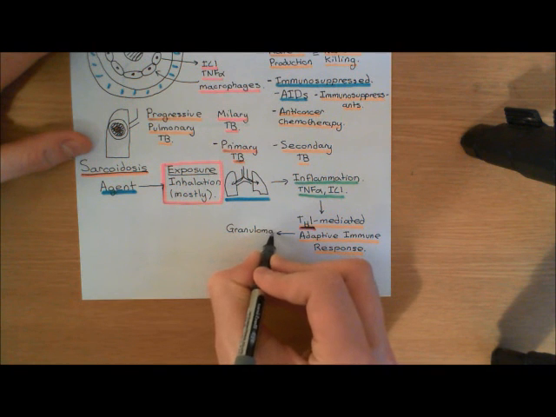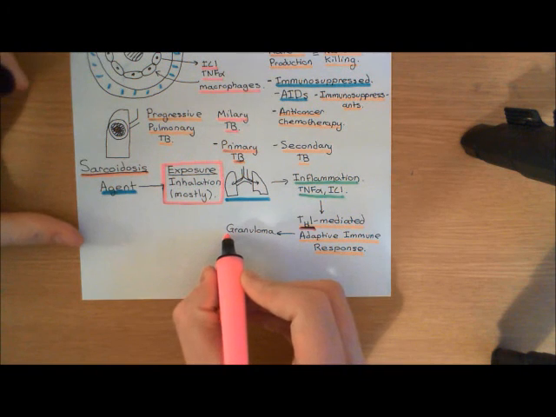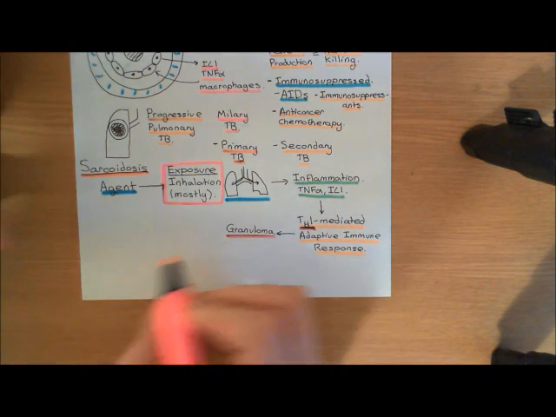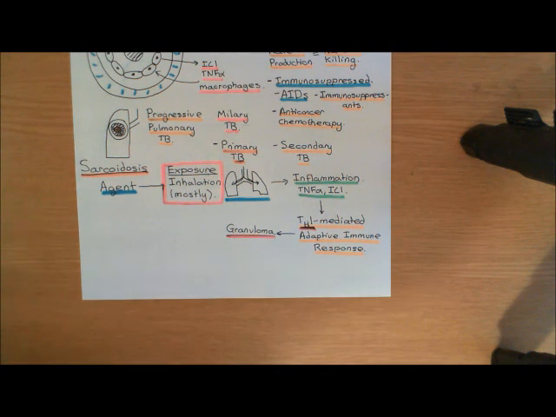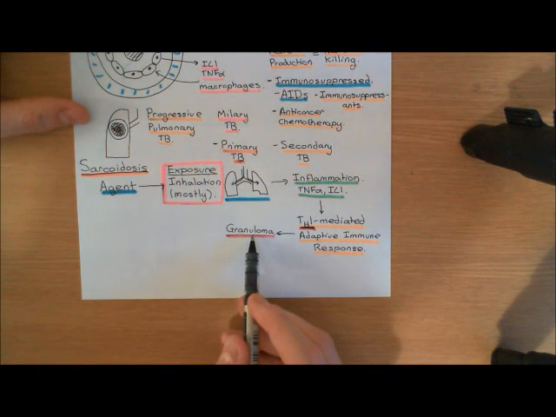Now, the other thing that we can say is going to occur is that the granuloma, in the case of sarcoidosis, is not going to actually contain whatever the agent is. So remember, in Mycobacterium tuberculosis infection, provided that your adaptive immune response was strong enough, these granulomas were capable of containing the infection. However, in the case of sarcoidosis, this doesn't seem to happen.